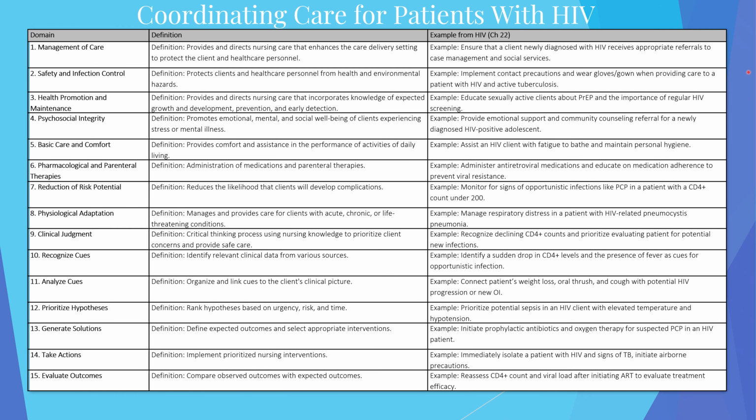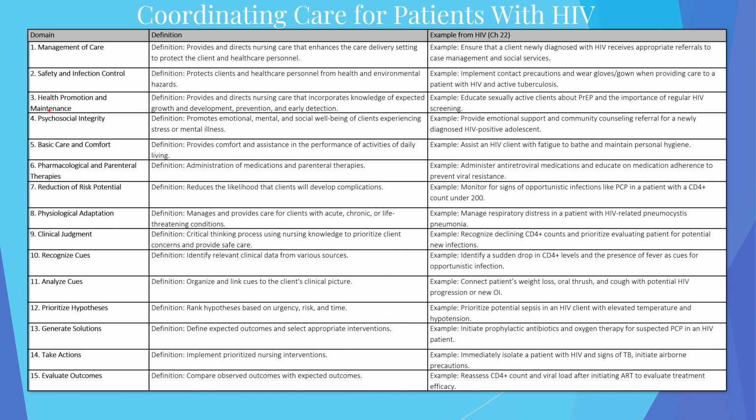Keep that in mind. Safety and infection control: implement contact precaution, wear gloves and gown when providing care to a patient with HIV. But with active tuberculosis, you need an N95 mask, and also negative pressure.